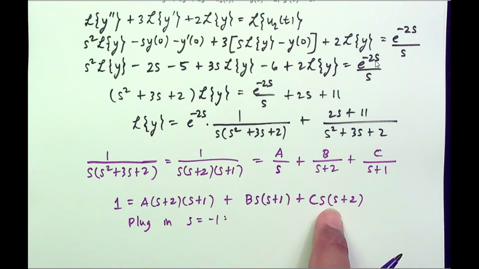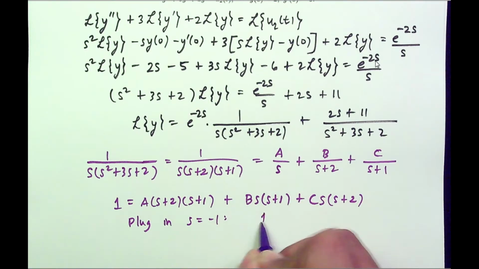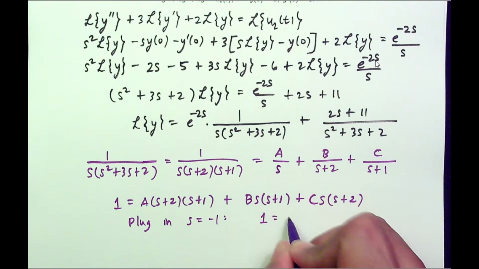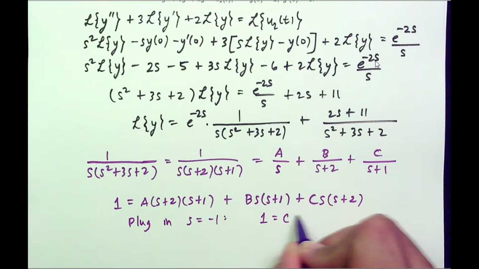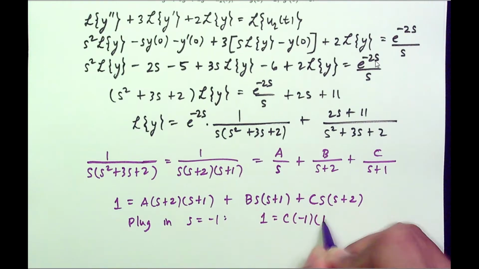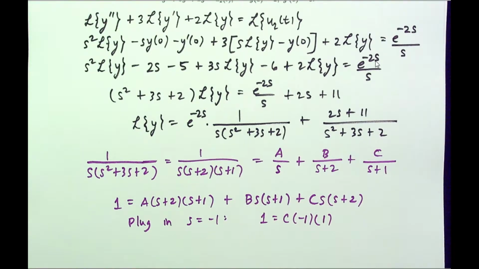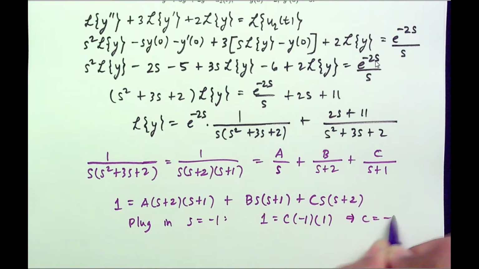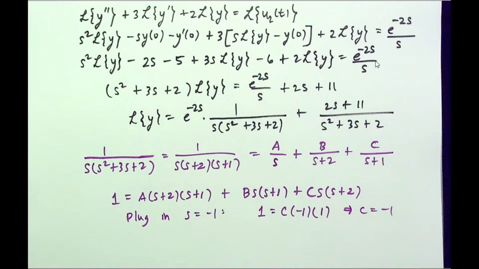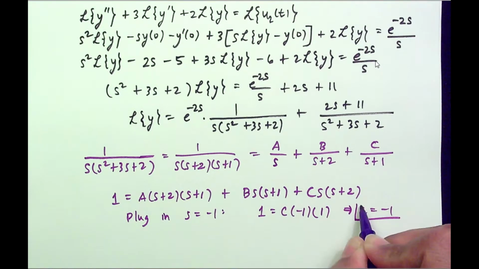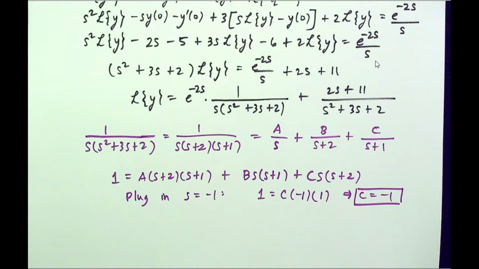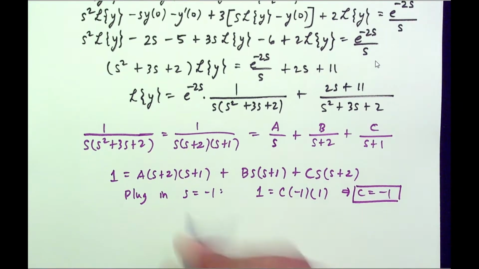So you end up with 1 equals, and then plugging in -1, this is c times -1 times 1. So that means that c is -1.